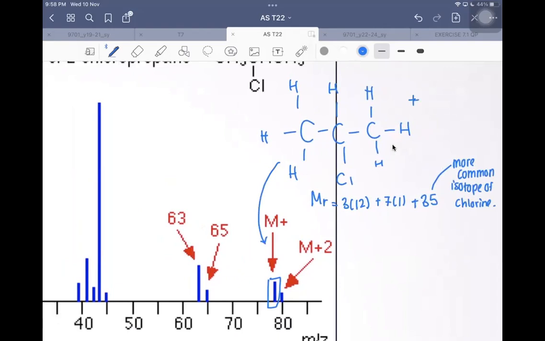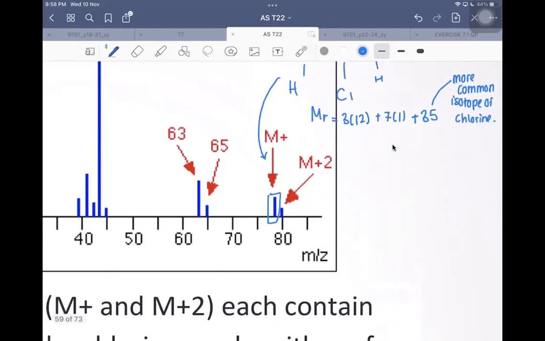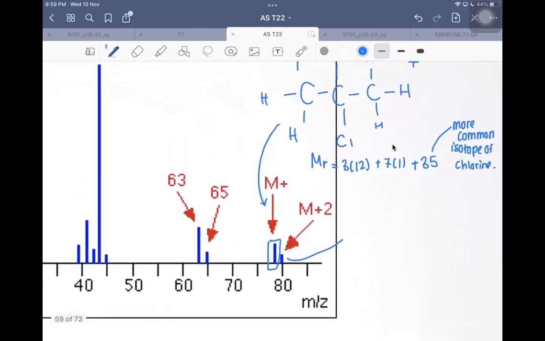And then you see there is a peak beyond my M+, and the difference in mass is 2 units. So that means this M+2 may have been caused by this other molecular ion, but +2 because of chlorine 37.